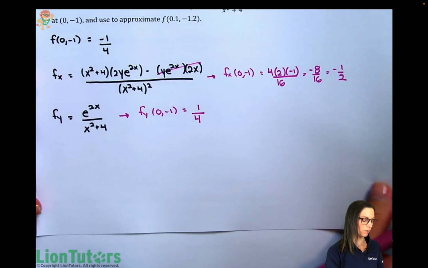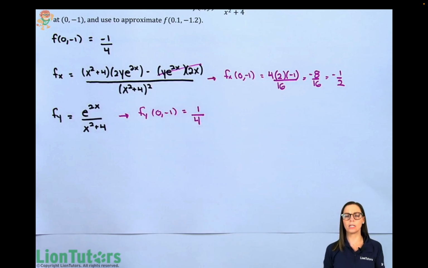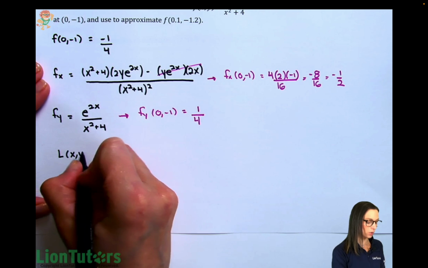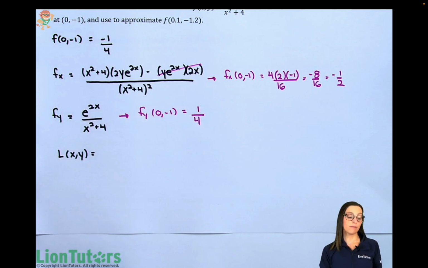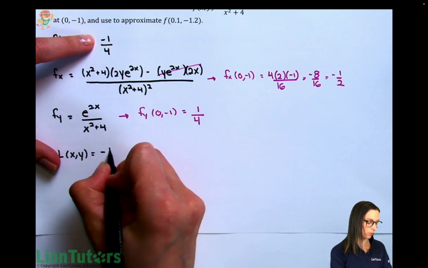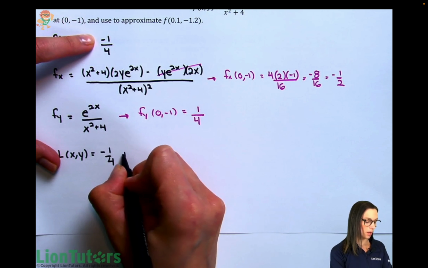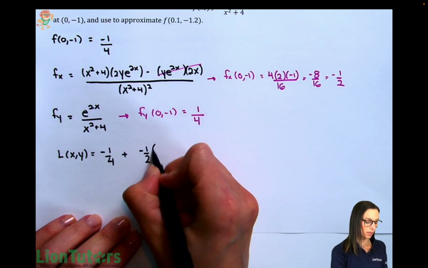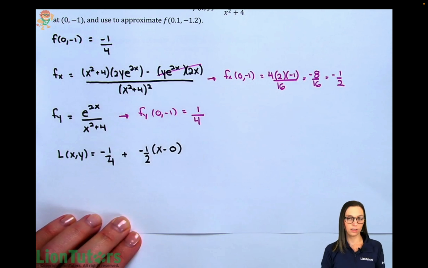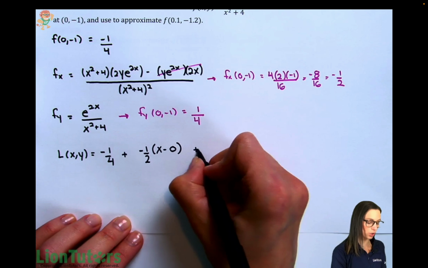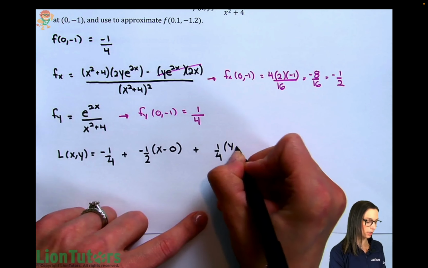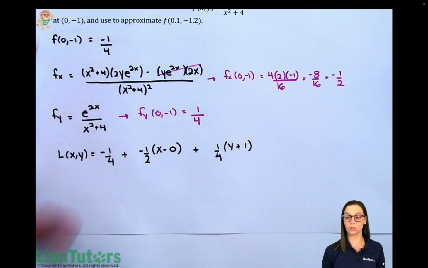Instead of finding the equation of the tangent plane, this time we're finding the linear approximation. So we're using a slightly different notation here. We're going to say that L of x, y equals our f of a, b, which is -1/4, plus our partial with respect to x, which is -1/2, times x minus a, plus our partial with respect to y, which was 1/4, times y minus our b, so y plus 1.